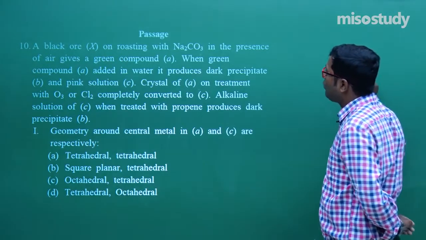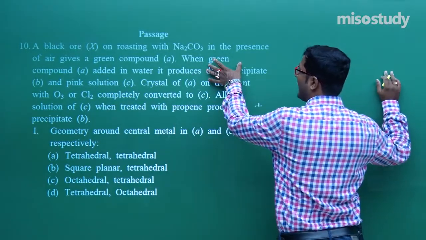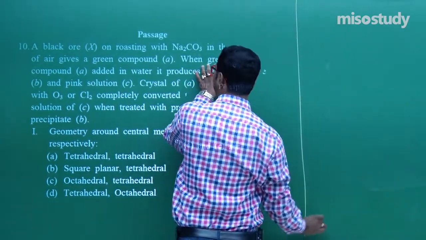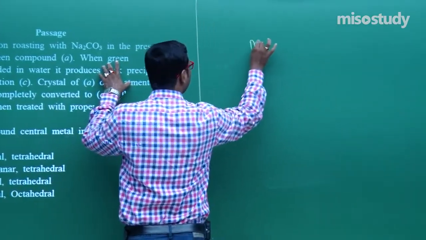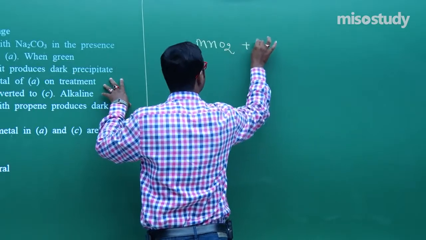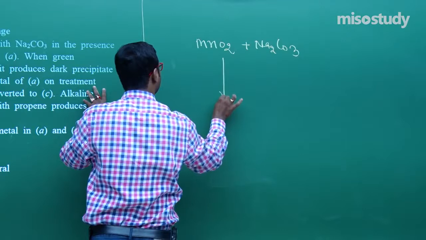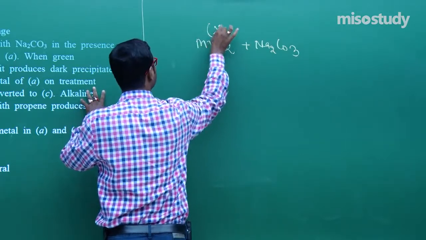A black ore on roasting with Na2CO3. Black ore, that is the ore of Mn, that is MnO2. Yes sir. When treated with Na2CO3, that is pyrolusite, this one is X. Yes sir.